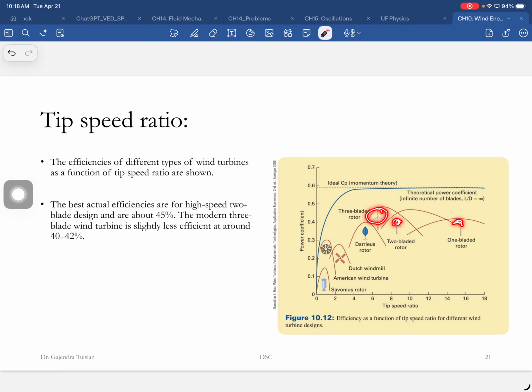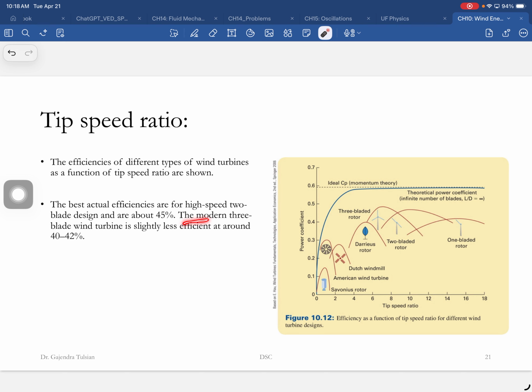You always see the 3-blade windmill because that's the most stable. The best actual efficiencies are for the high-speed 2-blade design, about 45%. The efficiency of this one is about 40%, and this one is about 45%. But you don't see that because those are unstable.